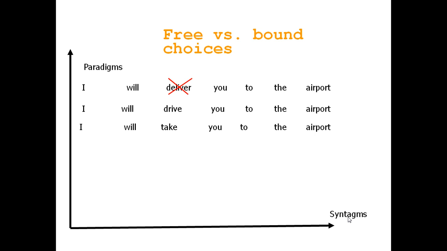Okay? So it's not really appropriate in standard English to say, I will deliver you to the airport. It is more appropriate to say, I will drive you or I will take you. Now, you will have noticed that I used the word appropriate. I didn't use the word right. I didn't use the word correct.